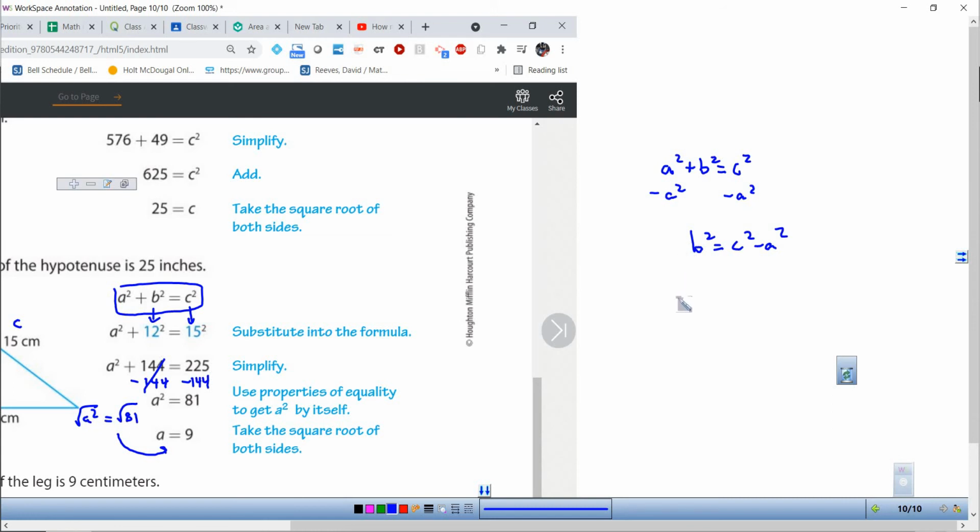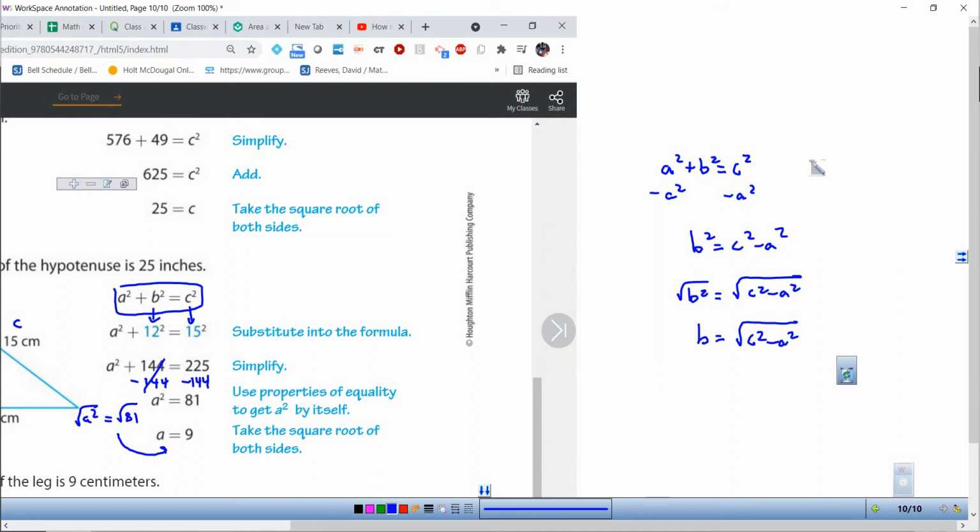Then if I take the square root of both sides, what do I end up with? B is equal to the square root of C squared minus A squared.